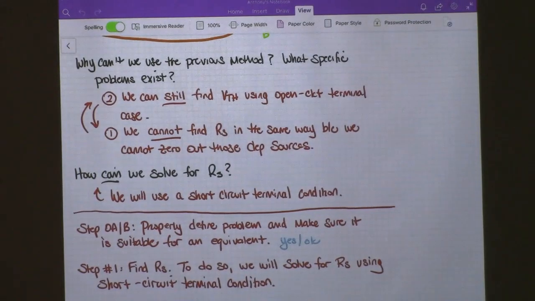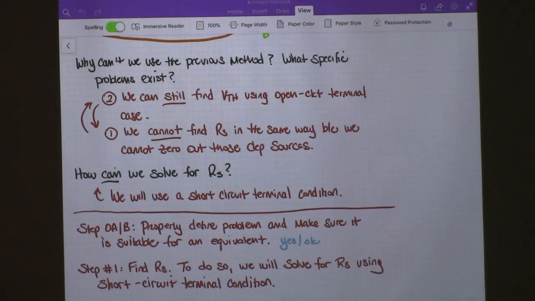RS, however, is not going to work that way. We cannot just get rid of the sources. So how can we solve for RS? What we're going to do is use a different kind of load condition. We're going to short the terminals, and that's going to allow us to work backward and figure out what RS is.